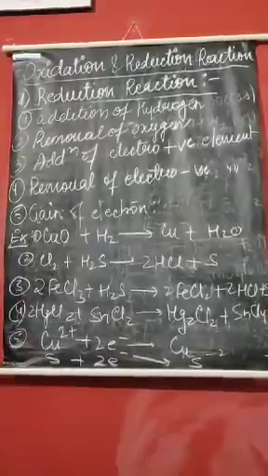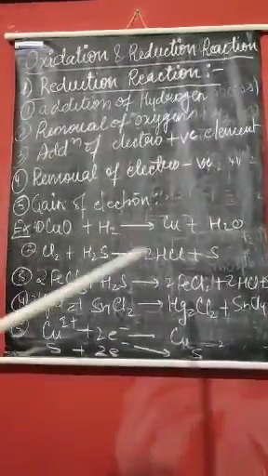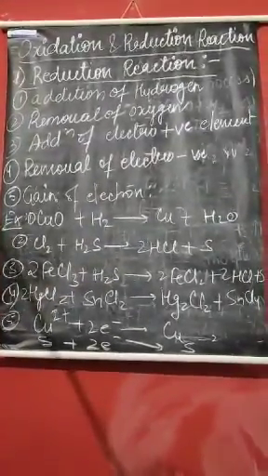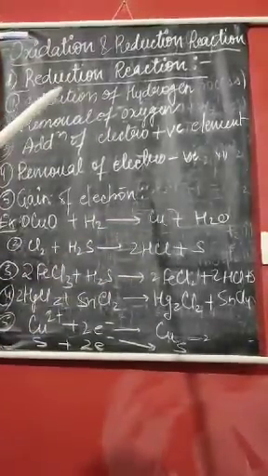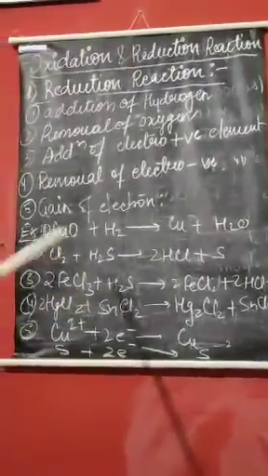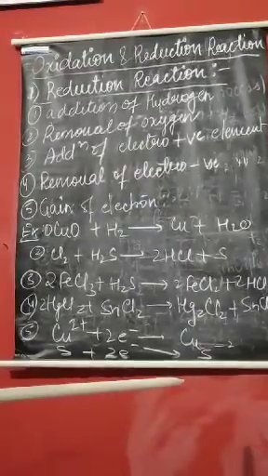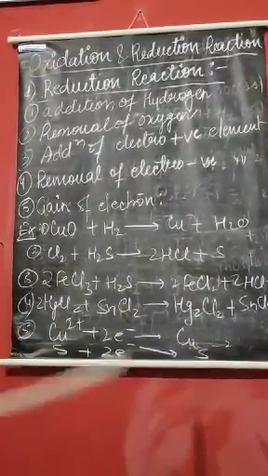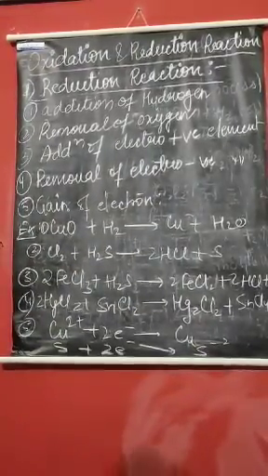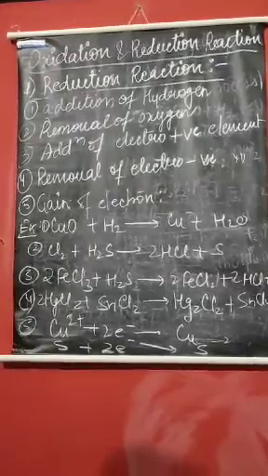reduction reaction. And when we combine, many of the reactions are such that if you write only one reaction, sometimes removal of oxygen takes place or addition of hydrogen takes place, so there will be reduction and oxidation in the same reaction and further it is called a redox reaction.